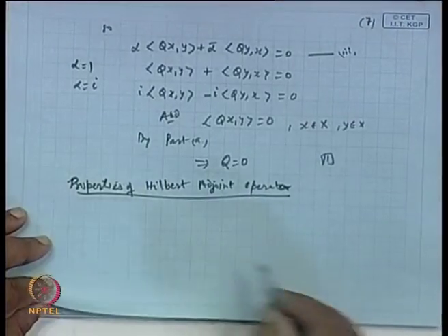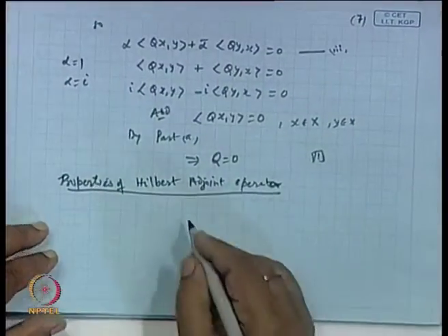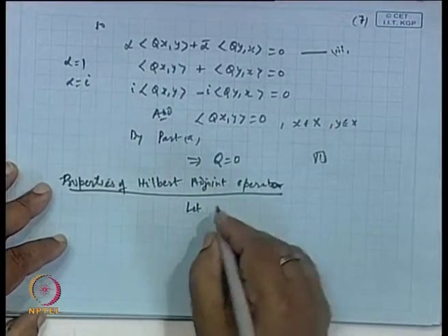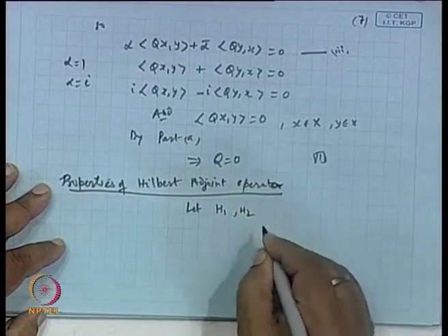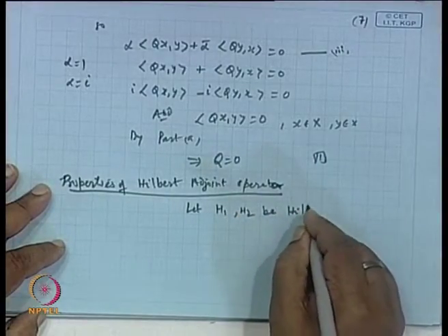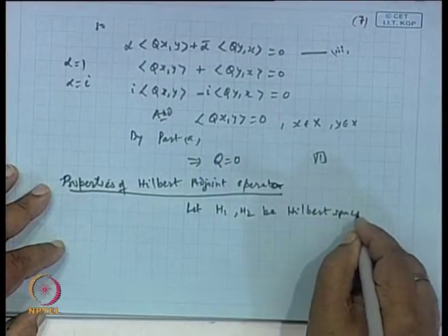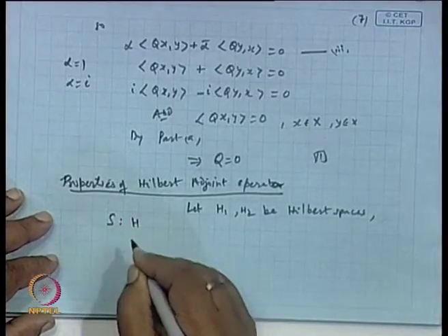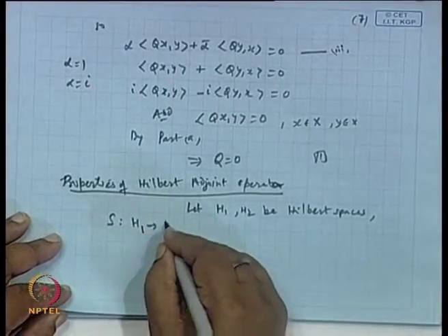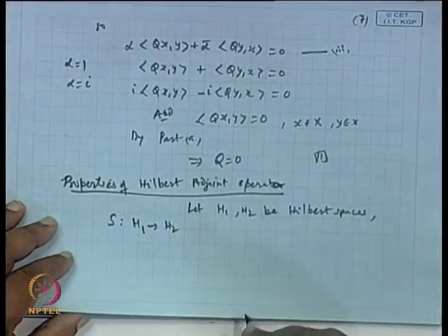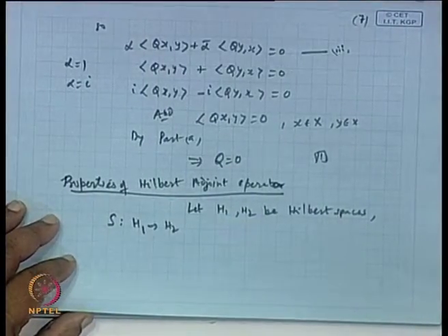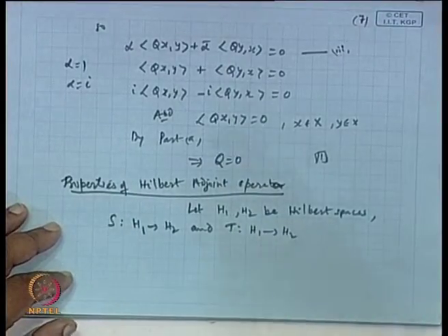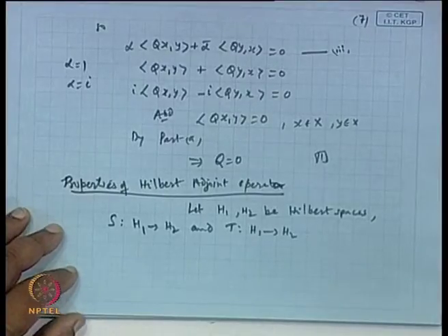So, let H1 and H2 be Hilbert spaces, and S is an operator from H1 to H2, and T is an operator from H1 to H2, and both are bounded linear operators.